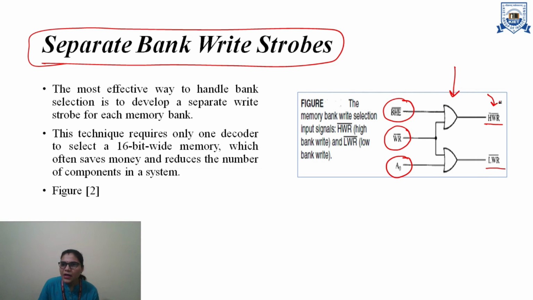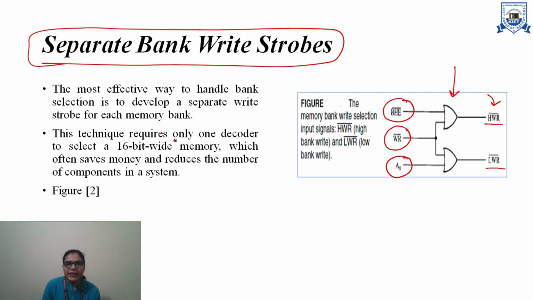High write bar will select the high bank and low write bar will select the low bank. So in this way, the write signal can be used to select the bank.